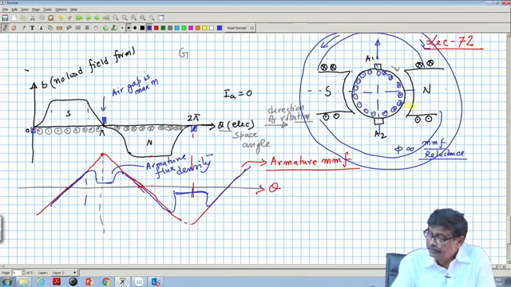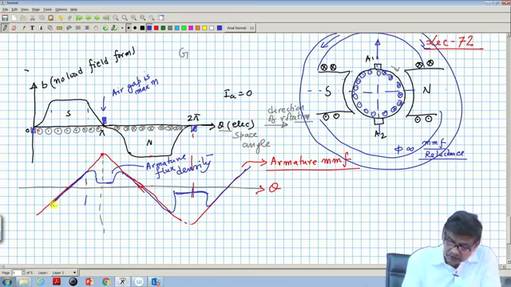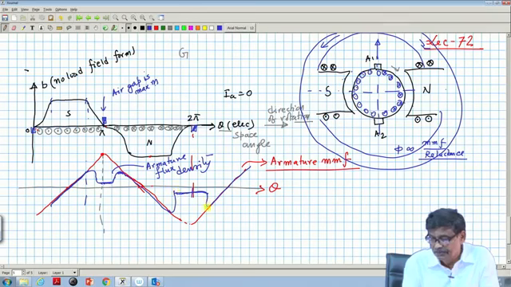Similarly, here it is uniform, here it is maximum. So, in some other scale the blue curve is drawn; it will be proportional to armature MMF during this zone where the air gap is fairly constant, then it will decrease smoothly, following some curve. We do not bother about equations, but it will have some minimum flux and then continue like this. Similarly, in the other half it will do like this.